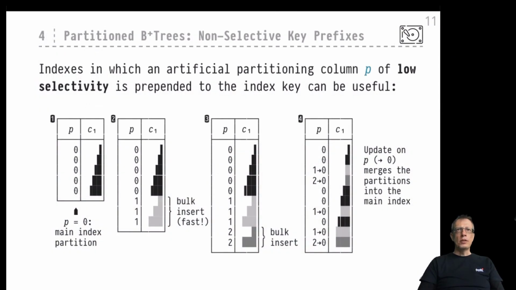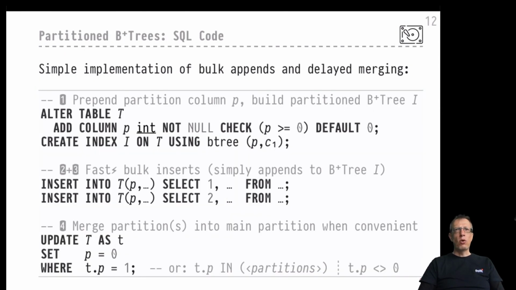Okay, and to summarize all the SQL code that would make up this partitioned B+Tree technique, I have added slide 12 into the slide set. What you see here is exactly what we've just performed on the PostgreSQL terminal side, so nothing new to learn here.